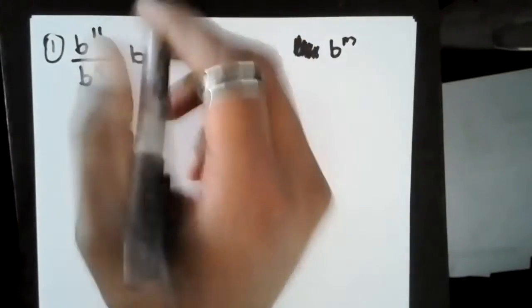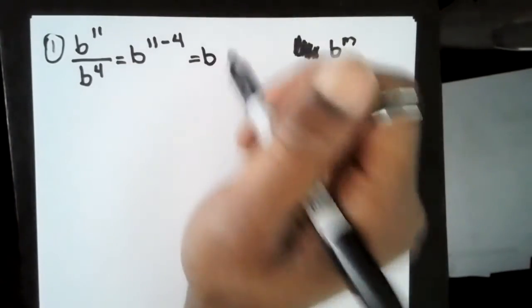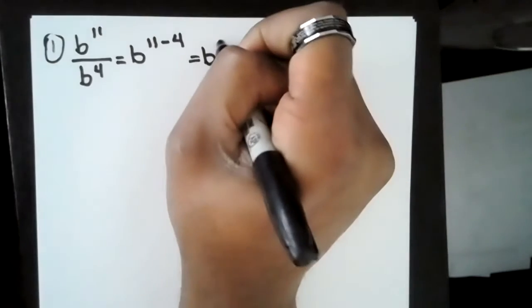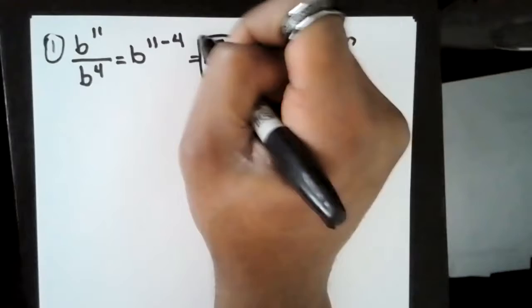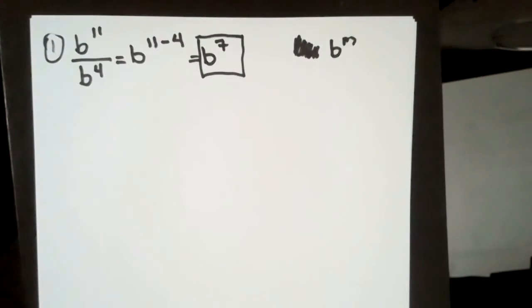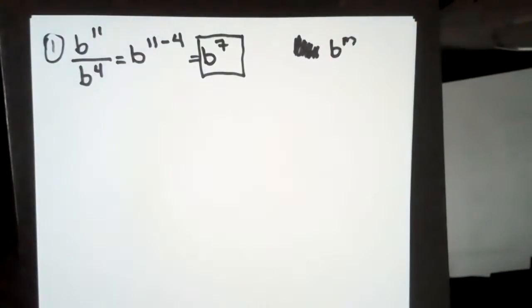Do the math across. 11 minus 4 is what? b to the power of 7. So b to the power of 7 would be your answer for number 1, which reflects that this is in b to the power of m form. Got it?